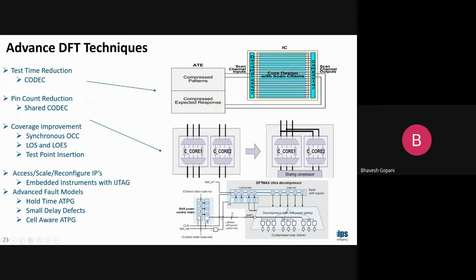So I implemented this shift power controller chain, which controls the internal chains from the output of the decompressor. Let's say these kinds of outputs are there. It has some gating logic and gates here. Based on whatever data is applied, it goes through this decompressor output and enables or disables only the specific chains in order to reduce the power.